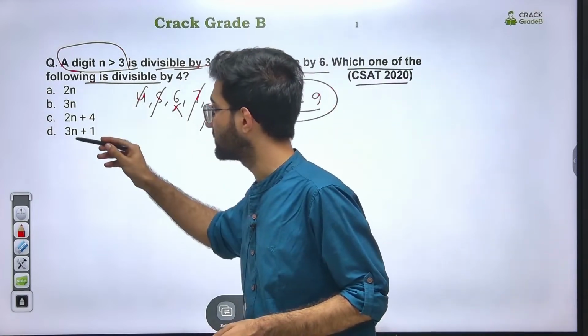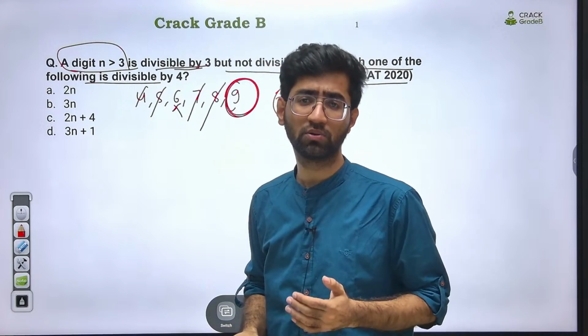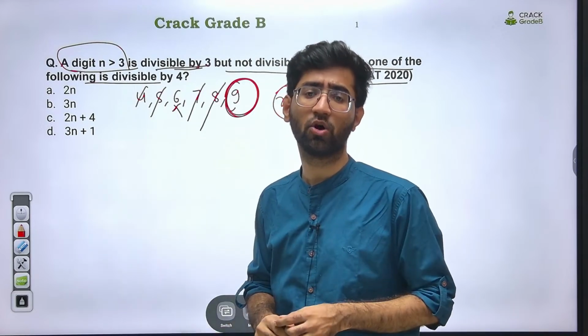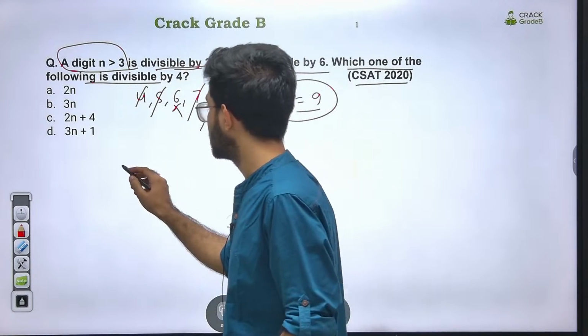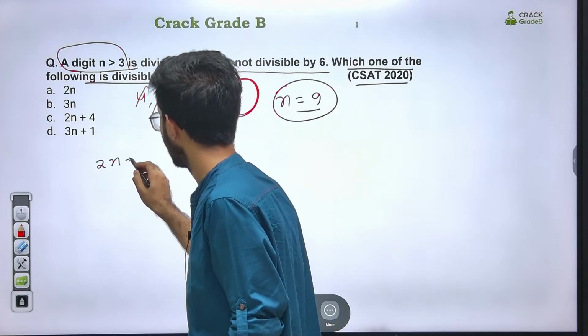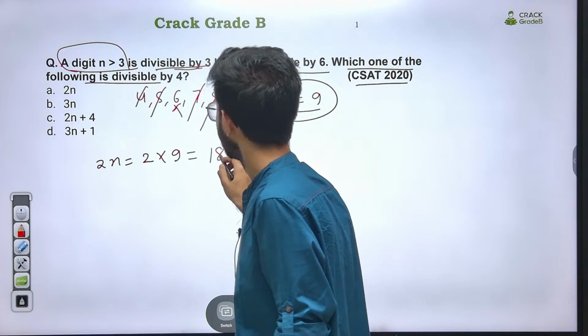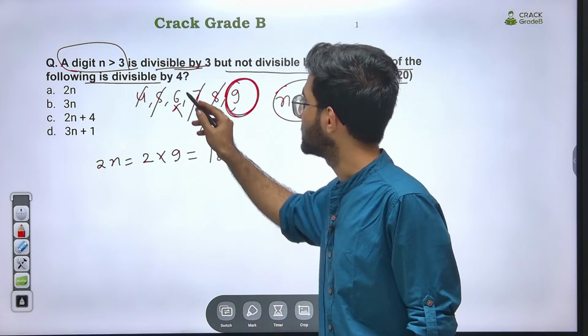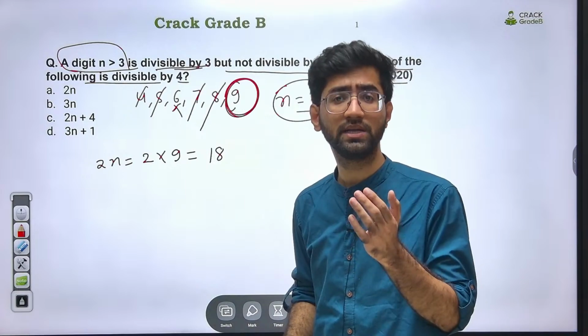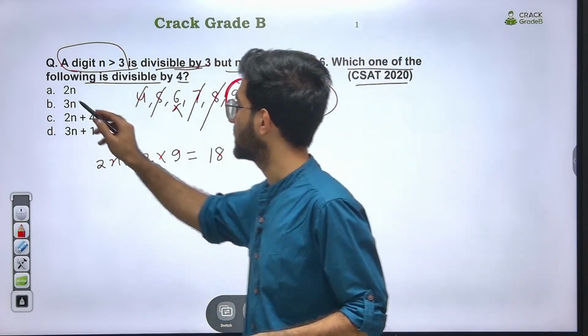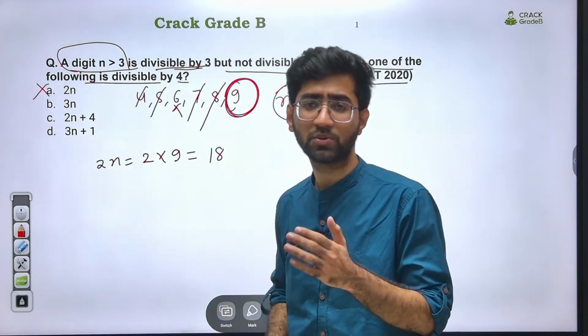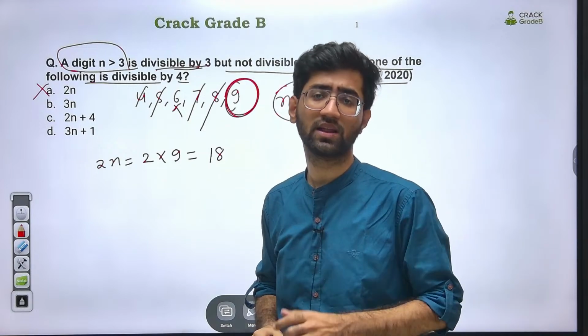So let us put n equal to 9 in the given 4 options. 2n equals 2 into 9, that is 18. Is 18 divisible by 4? No, 18 is not divisible by 4. So option A is not the correct answer.